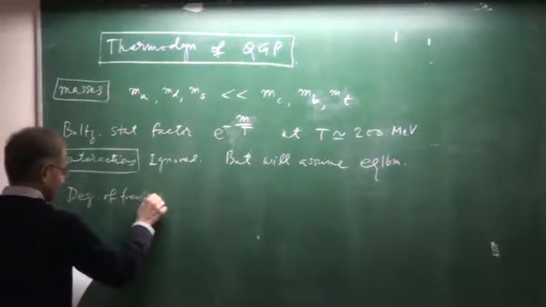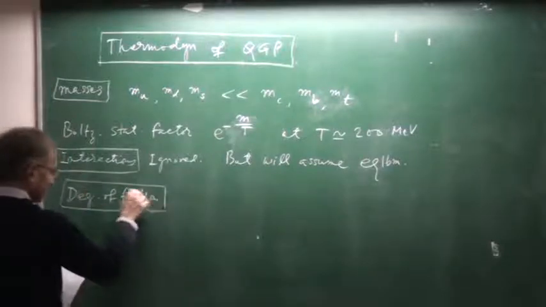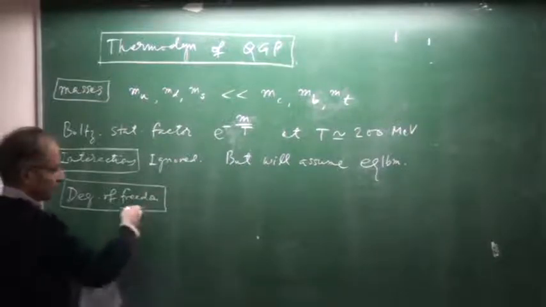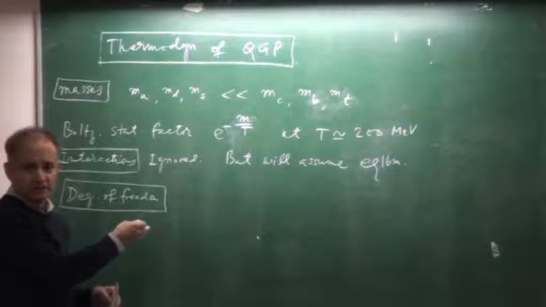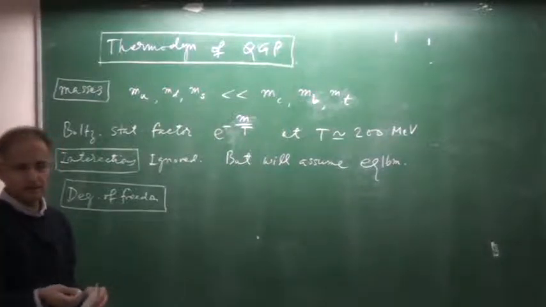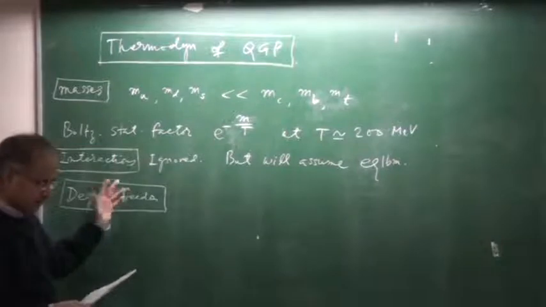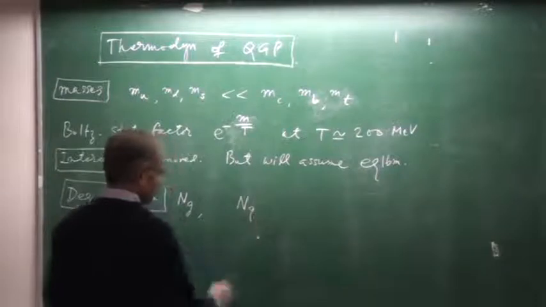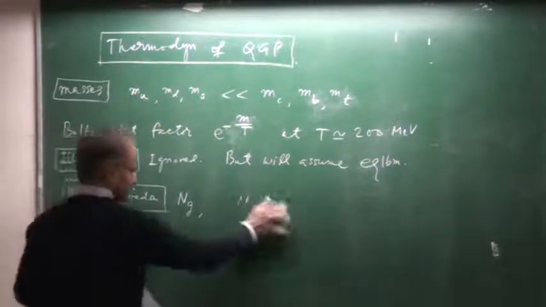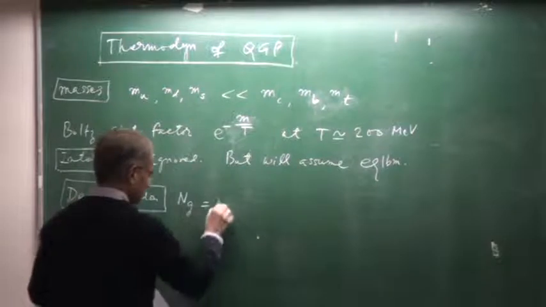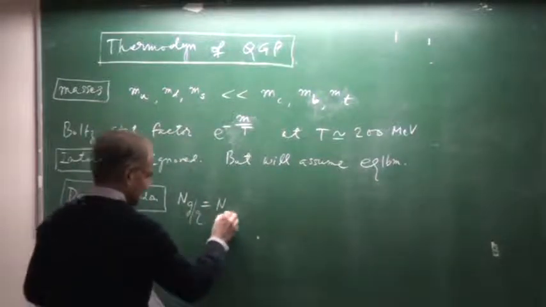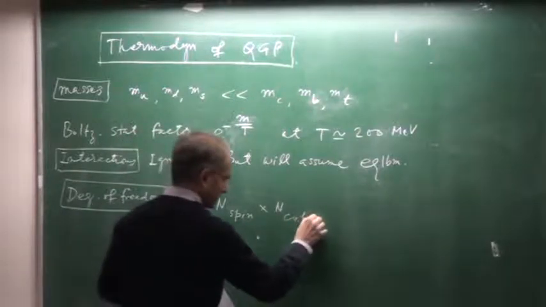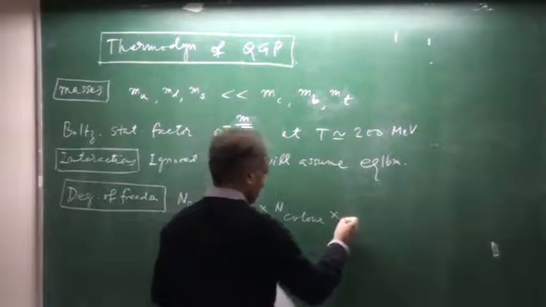You already are an expert in calculating the number of degrees of freedom. I've seen a few times in the tutorial how many quarks, gluons, etc. we need to worry about, depending on spin factor, color factor, and flavor factor. So I'm not going to do that. You can calculate Ng for gluons, and for quarks the spin factor, color factor, and flavor factor.